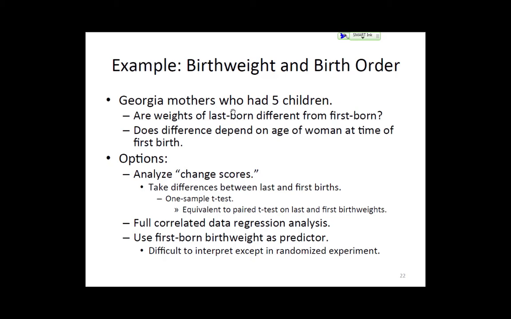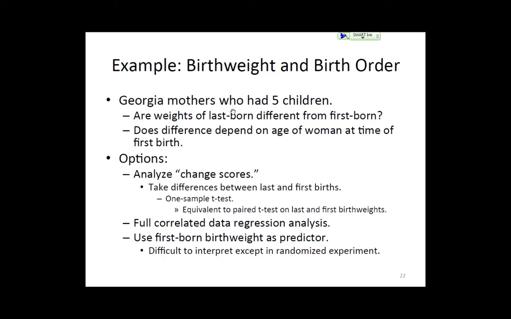So here's an example of correlated data. These are mothers from Georgia who had 5 children. Every one of our individuals had 5 children. And for each child, we have the weight at the time of birth.